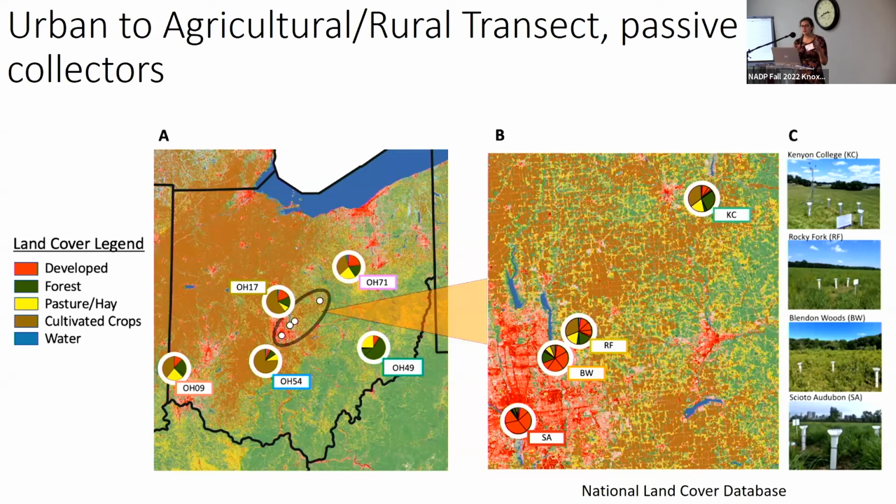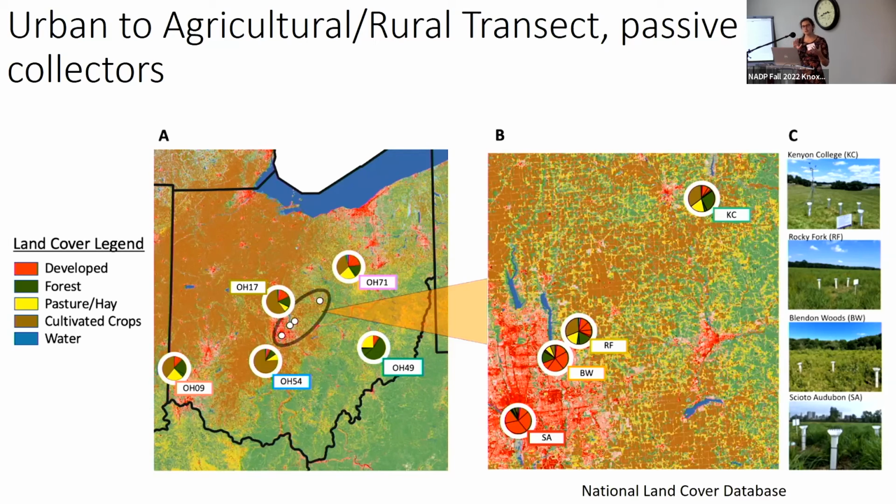The NADP NTN sites are located in a more regional background, non-developed land, so we're seeing high percentages of agriculture and forest around those sites.